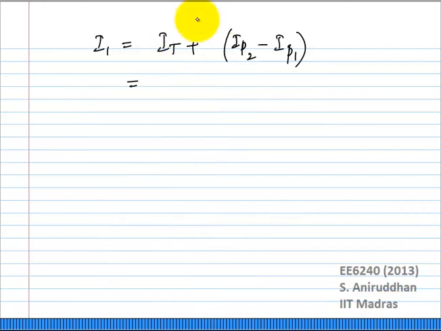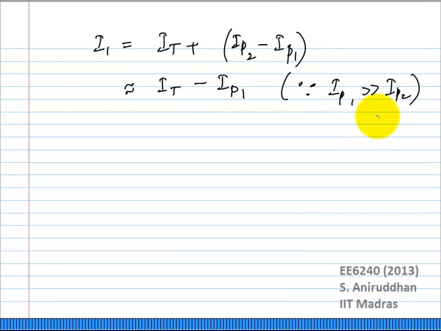So we will say that this is approximately equal to IT minus IP1, because IP1 is much larger than IP2.